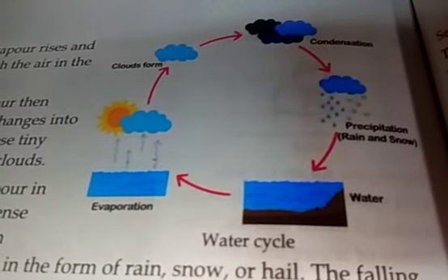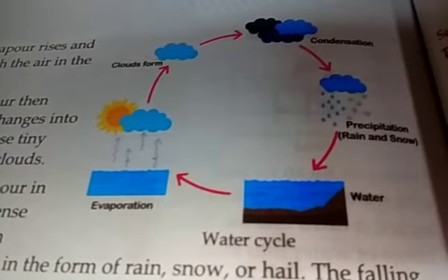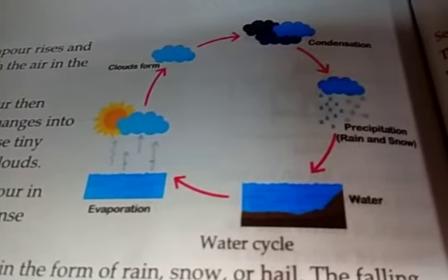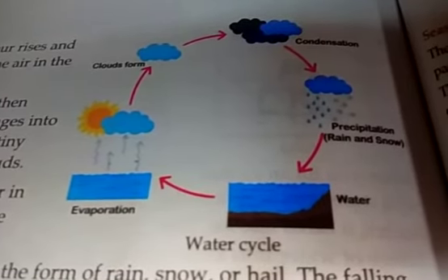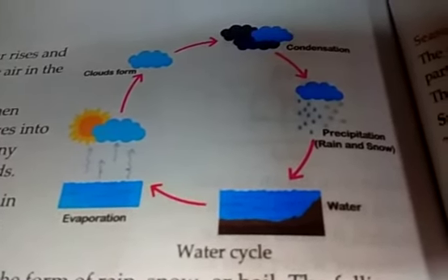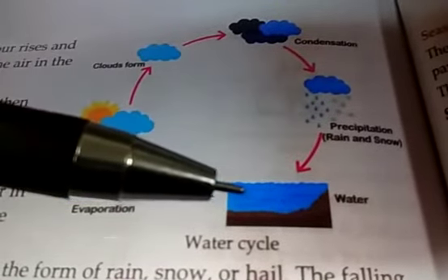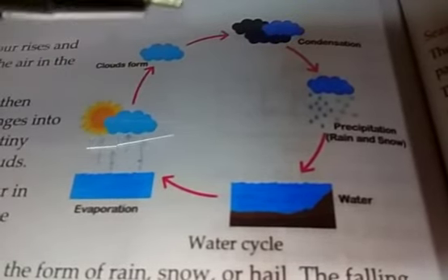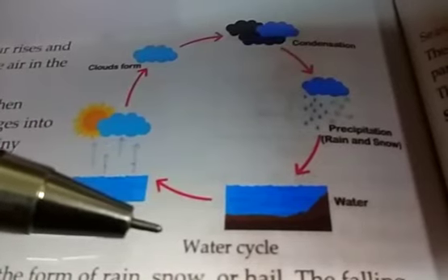The continuous process in which water is circulated between the earth and the atmosphere by evaporation, condensation and precipitation is termed the water cycle.